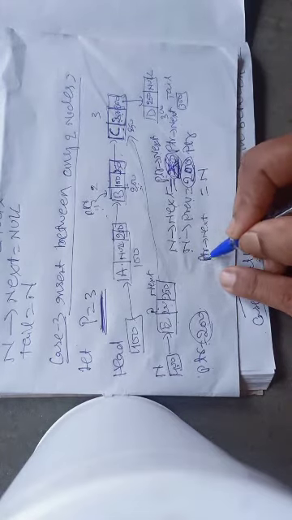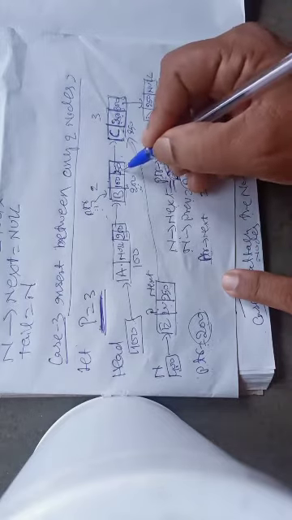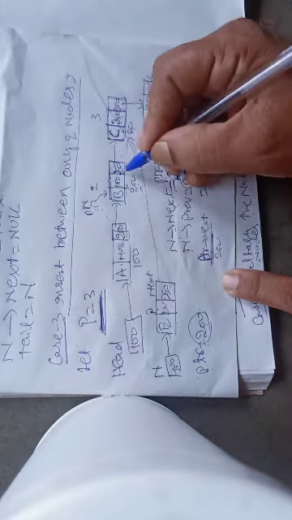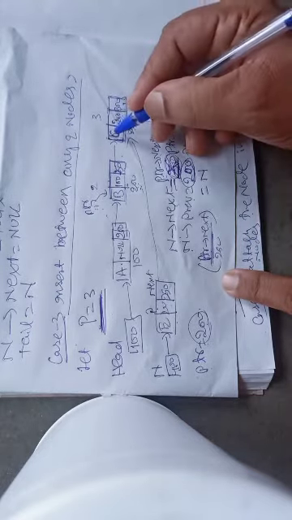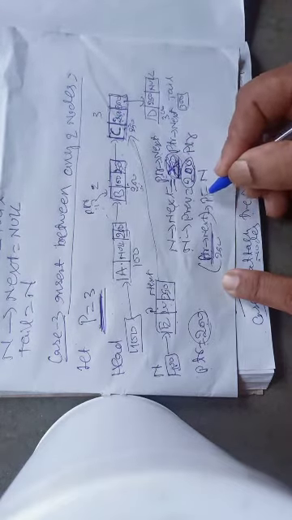From PTR I will get PTR of next, which will give me 250. This will point to this node, and in its previous part, from the previous part of 250, I will write previous.